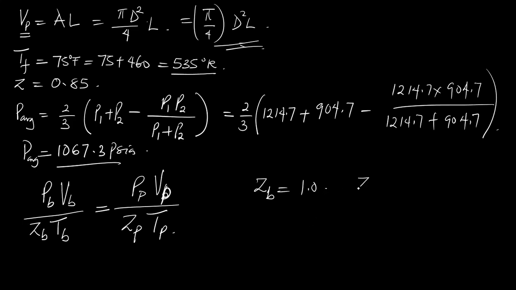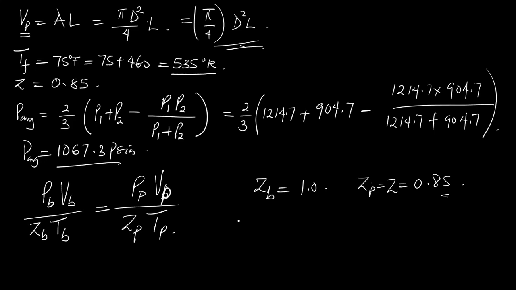But the ZP is equal to Z, which is 0.85, the average compressibility factor of the gas that is confined in that pipe.